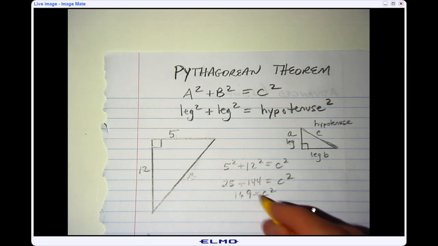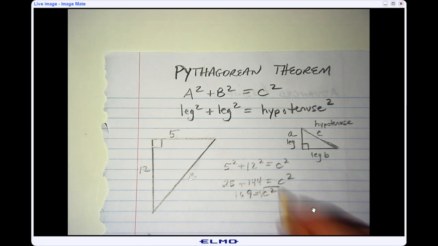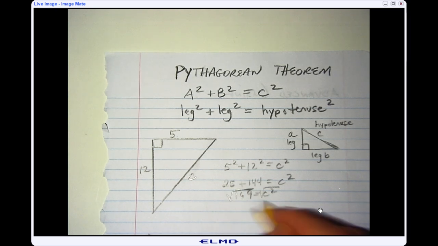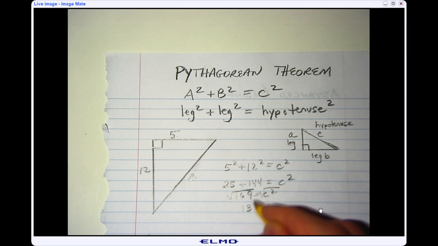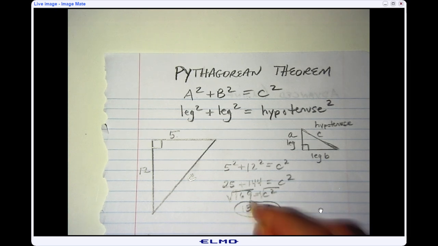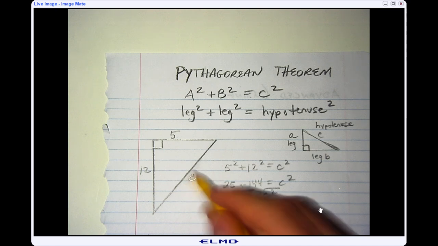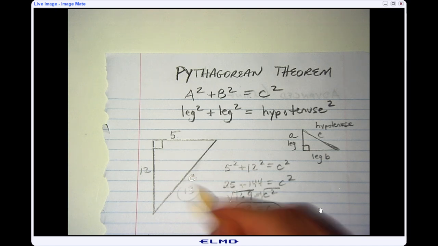The opposite of squaring is to square root. That's why I wanted to show you that first. If I took the square root of 169, I'm looking for some number times itself that is 169, and you get exactly 13. So 13 times 13 is 169. So this missing side, which is my hypotenuse, would be 13.